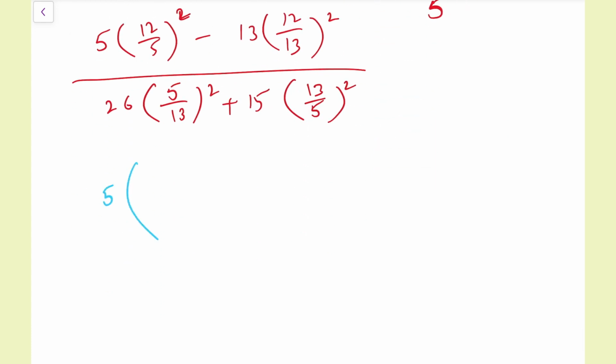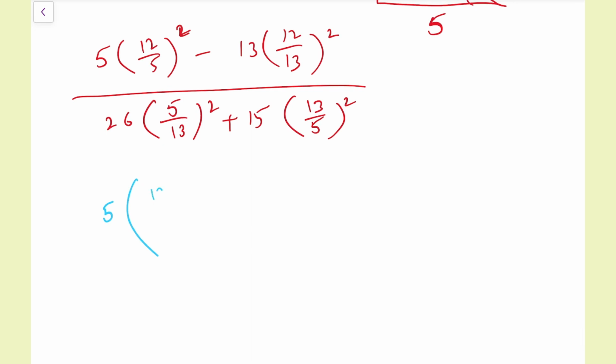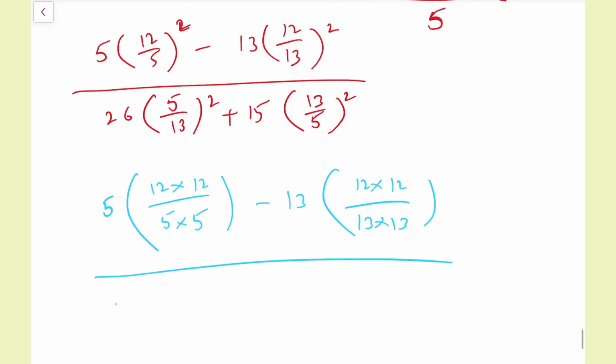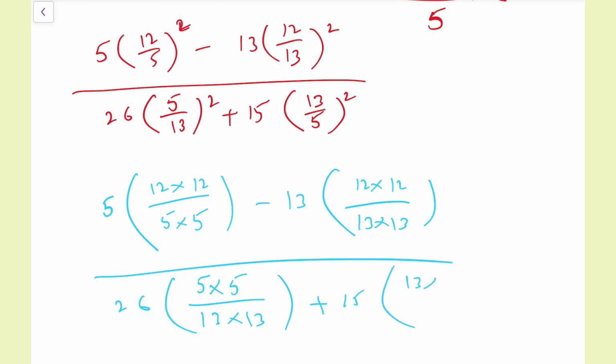5 into (12 by 5) whole square is 12 into 12 by 5 into 5, minus 13 into (12 by 13) whole square, 12 into 12 by 13 into 13, whole divided by 26 into (5 by 13) whole square, 5 into 5 by 13 into 13, plus 15 into (13 by 5) whole square, 13 into 13 by 5 into 5.